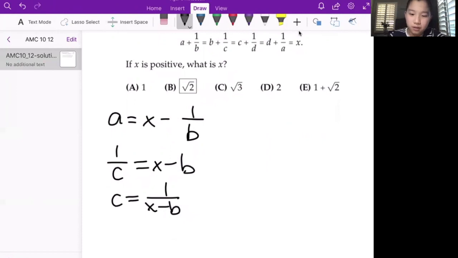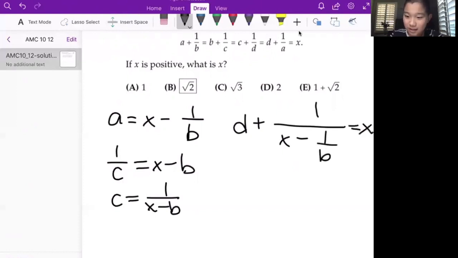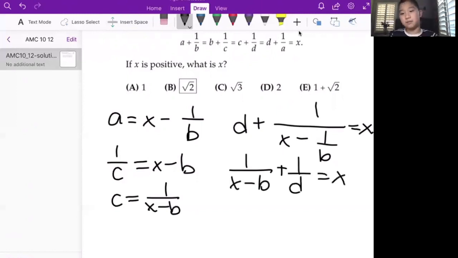So for A, we plug it into the fourth equation to get D plus 1 over X minus 1 over B equals X. And then for C, let's plug it into the third equation to get 1 over X minus B plus 1 over D equals X. So let's simplify each of them.